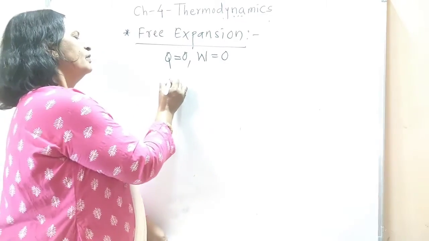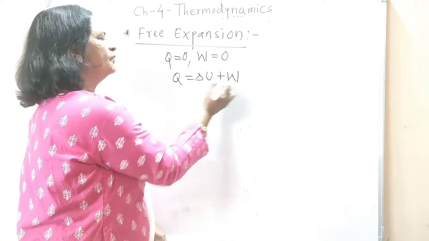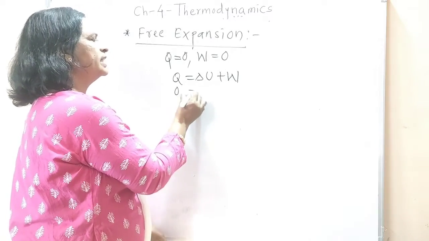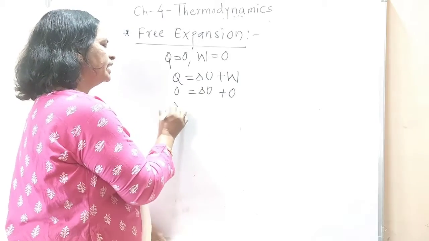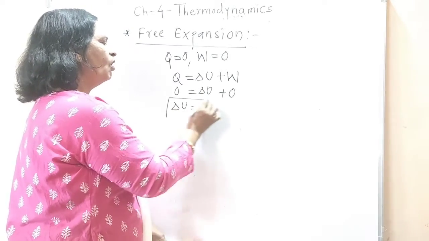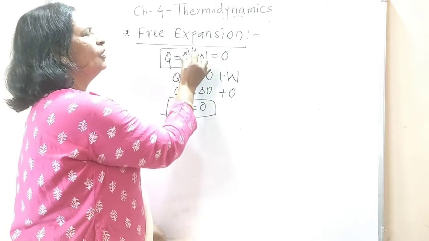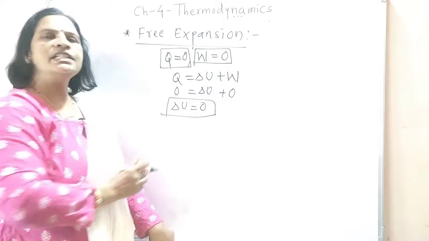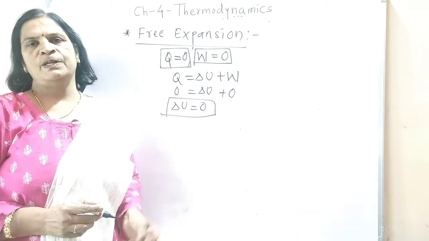And again we know that Q is equal to delta U plus W according to the first law of thermodynamics. If Q is equal to 0 and W is equal to 0, then delta U is also equal to 0. Means the heat supplied to the system is 0, work done is 0, and change in internal energy is 0 in case of a free expansion.